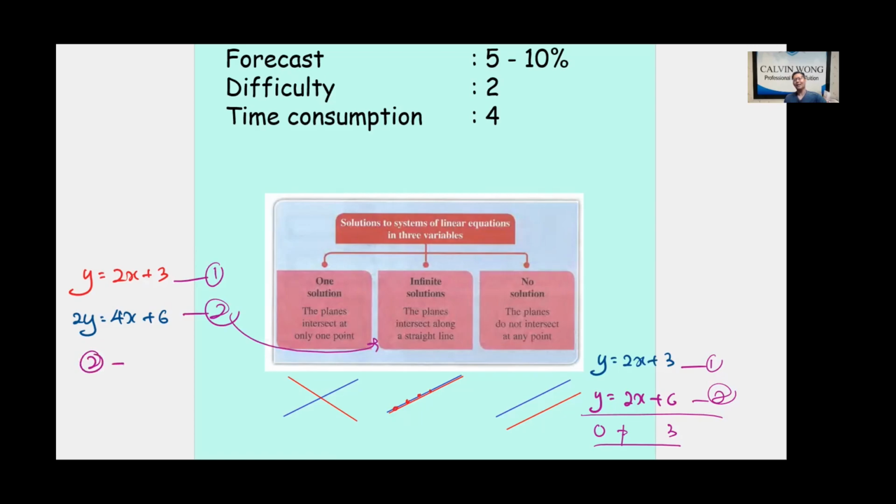Equation 2 minus 2 times equation 1, 0 equals 0. That is infinity, infinite solution. That's it. This year is the first year they like to play around with this kind of thing.